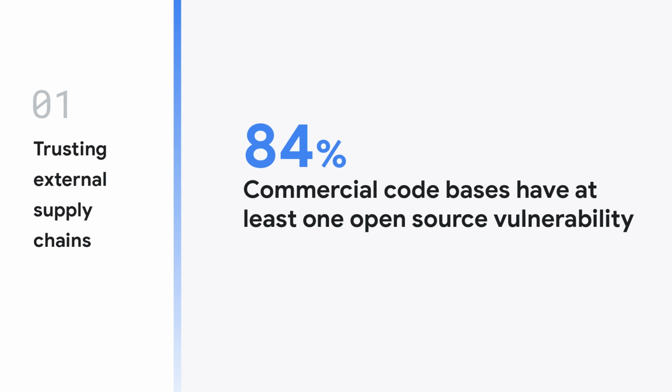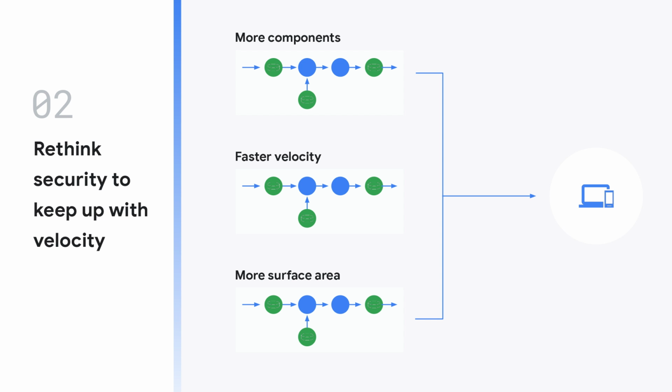Second, as deployment velocity has risen, legacy security practices are no longer viable. Take, for example, the transition from VMs and monolithic architectures to microservices. It comes with an increased number of components being deployed independently, each created by their own supply chains and released at their own cadence.